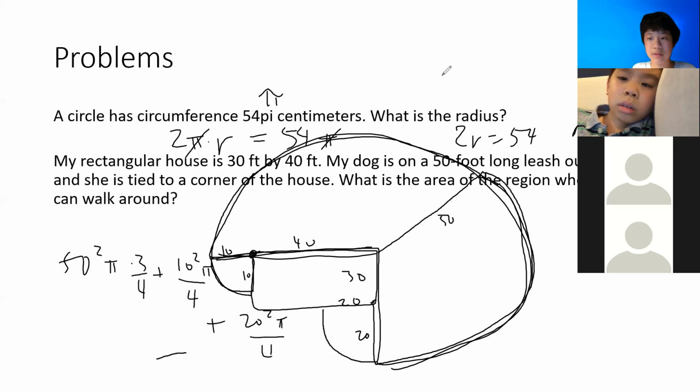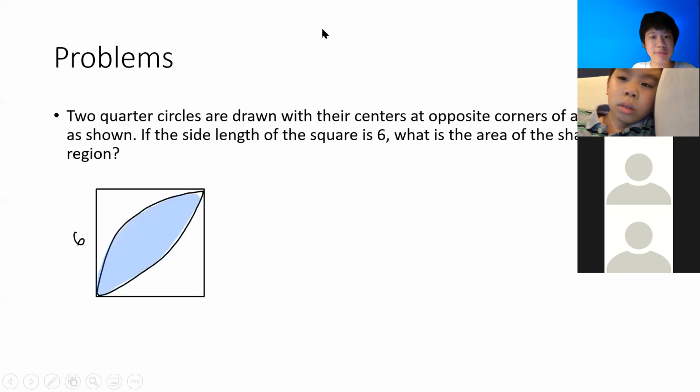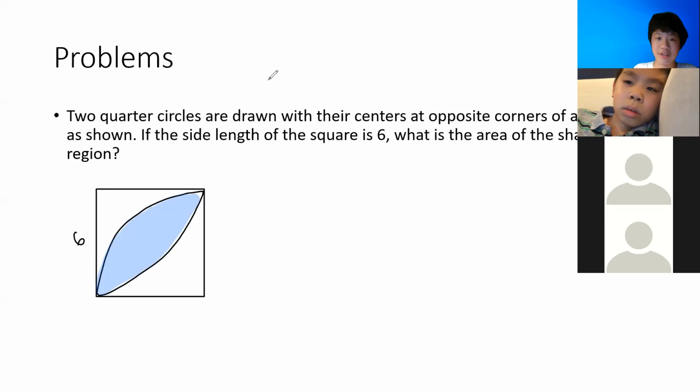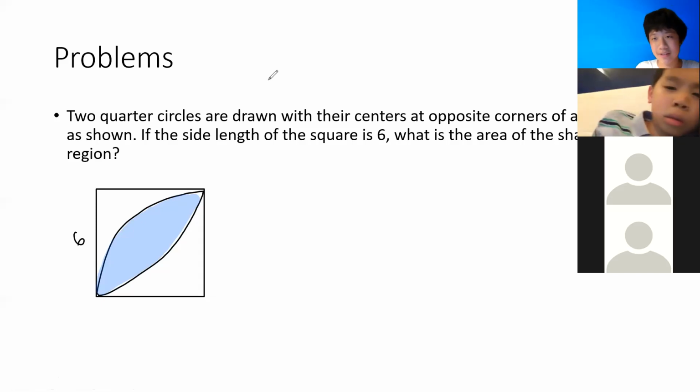All right, now we have one last problem here before we get to the quizzes. This is quite a challenging problem. I'll give you maybe 1 minute to think it through and think about the strategy in solving this problem. You don't need to actually solve it. Just think about how you would approach it. How would you find the area? And then I'll tell you the solution.